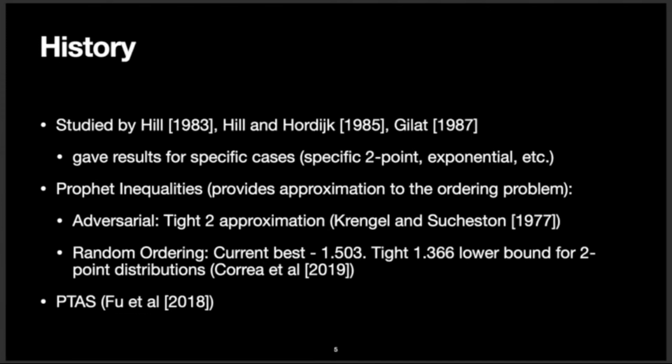In the adversarial setting, when the ordering is adversarial, there's a type 2 approximation. And for random ordering, the current best is roughly 1.5. And for 2-point distributions, it becomes 1.366.